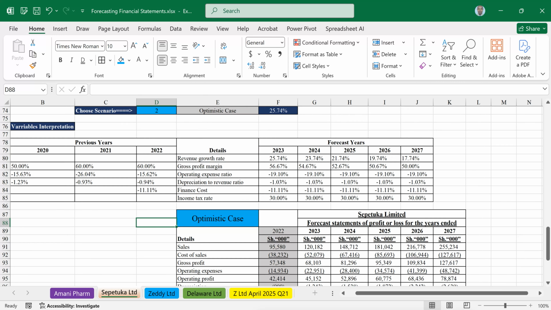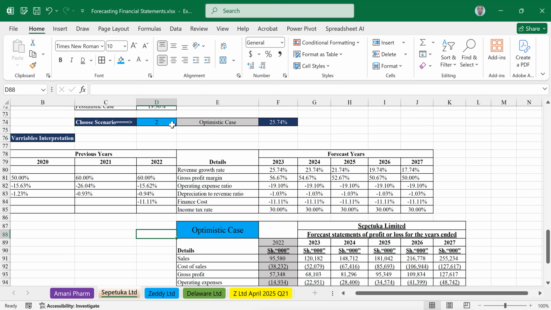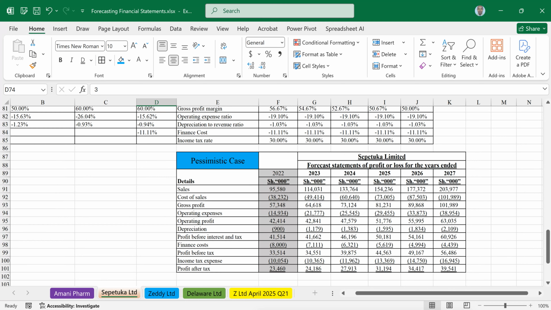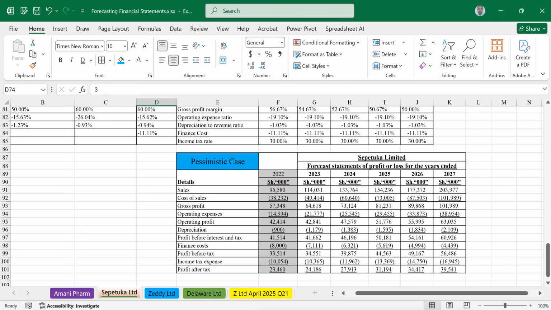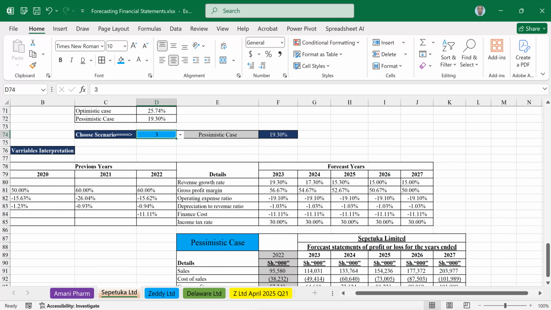And if I change to pessimistic, choose again, this one changes again to pessimistic, and the results are now different. Now there is the base case, the optimistic case, and the pessimistic case. You can keep changing by using this part for choose scenario.